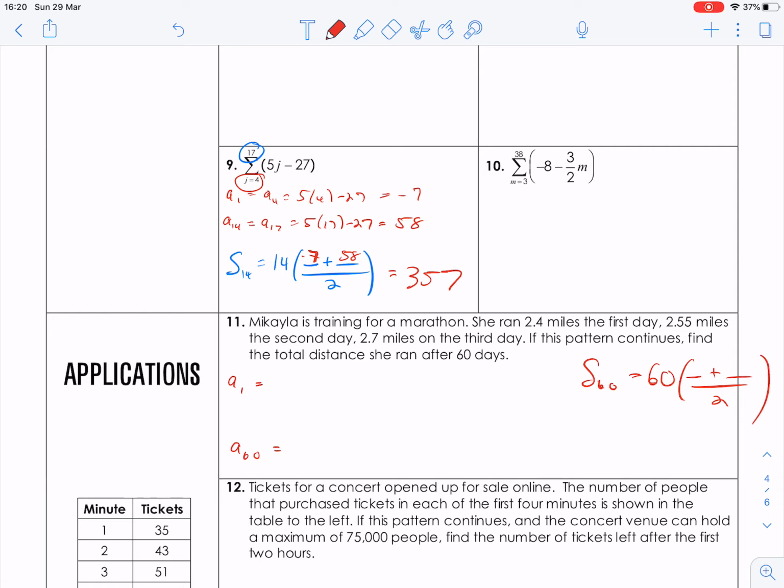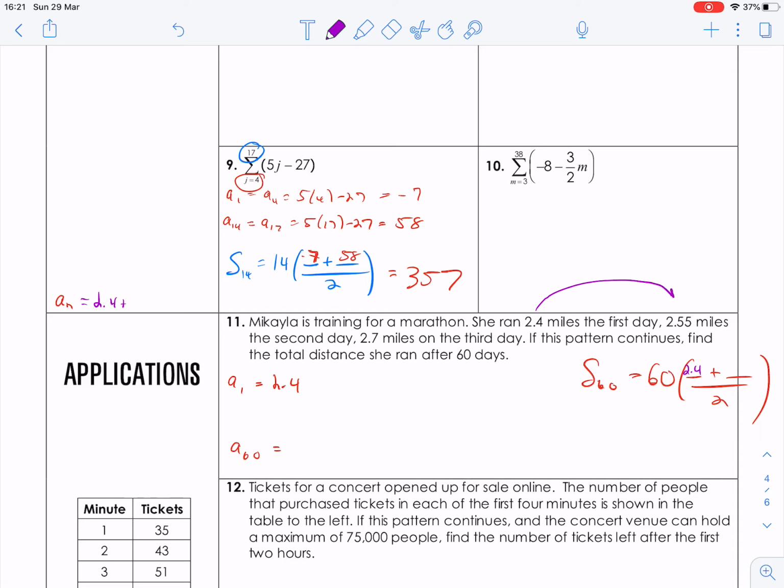All right, so first we need to get an actual arithmetic sequence formula going here. So we know A of 1 is going to equal 2.4. So let's plug that in. So really what we need is A of 60. So A of n is going to equal 2.4 plus the difference. So what is the difference?